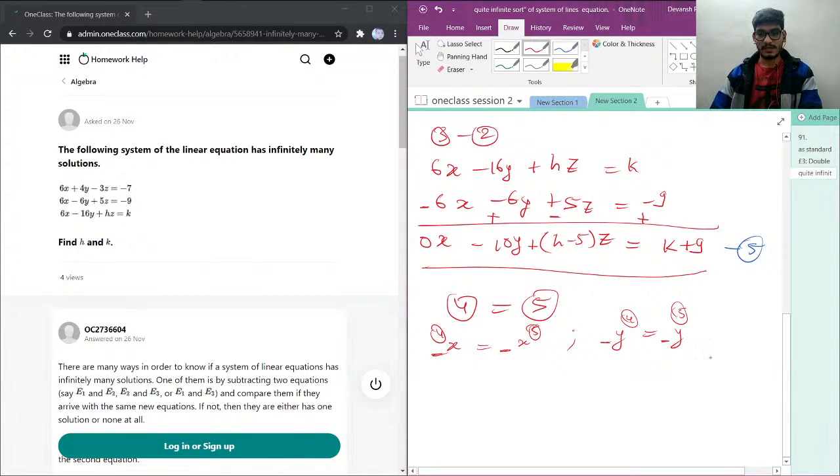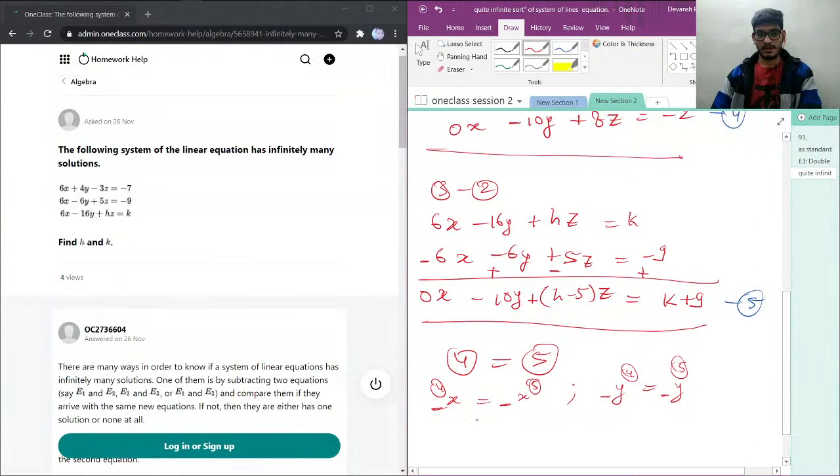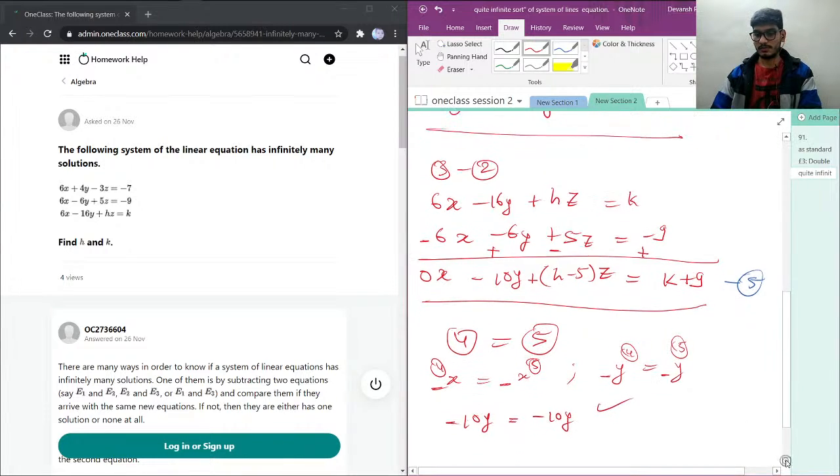So we are going to compare these two equations. We have negative 10y equals negative 10y, which is true.